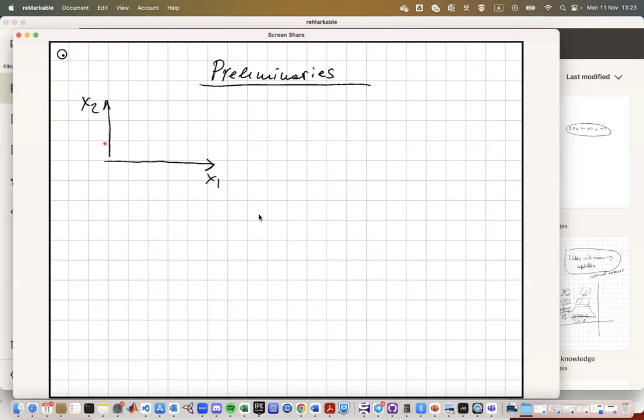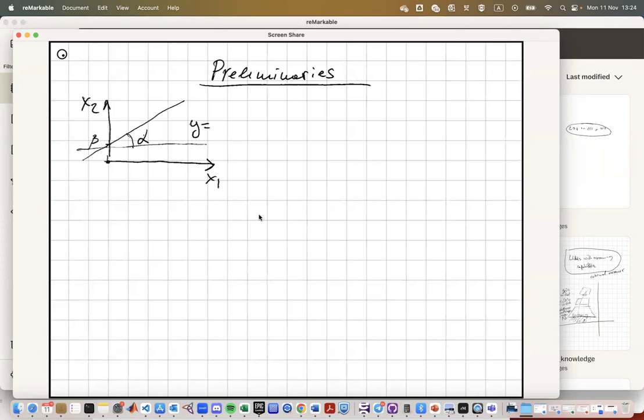We want to define a line which is at some offset beta from the origin, and is also inclined by the angle alpha.